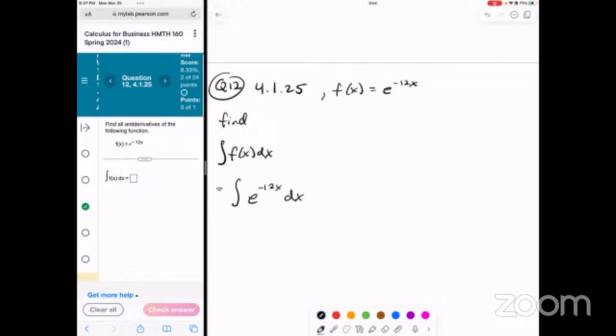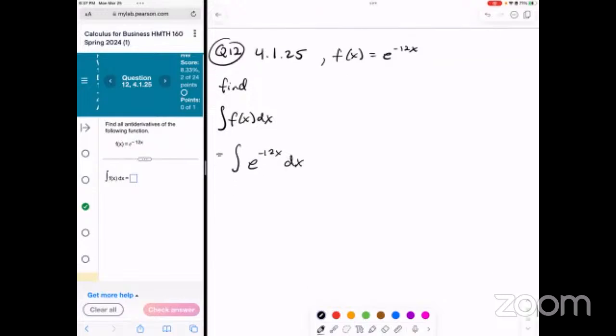So it's e's integral is itself. It's going to be e to the power of -12x, but we have to divide by the coefficient, so it's divided by -12, plus some constant of integration. And again, we can check: if we take the derivative of this, it's going to be itself times -12, and they're going to cancel, and we get the desired result.